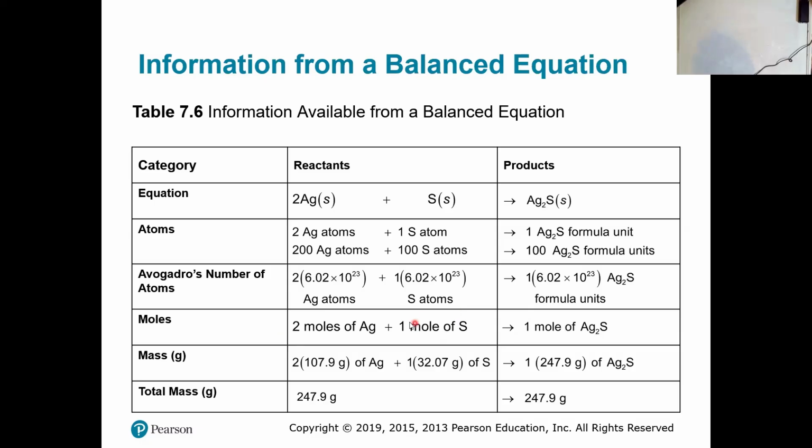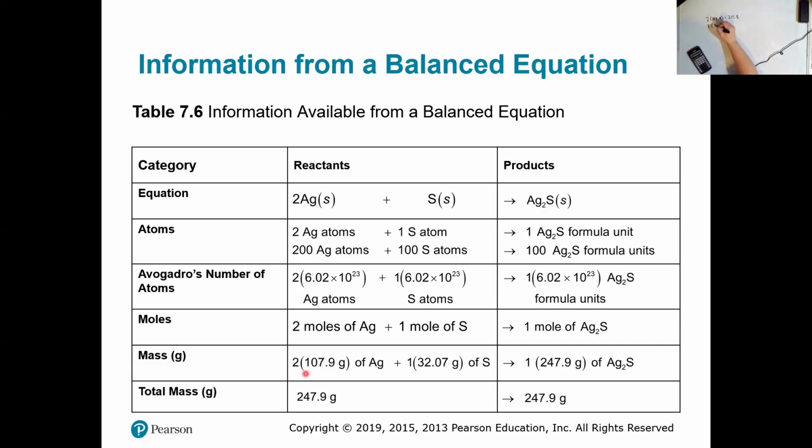When we look at the masses of these, we can also see 2 times the molar mass of silver, which is 2 times 107.9. That's going to be our 215.8.